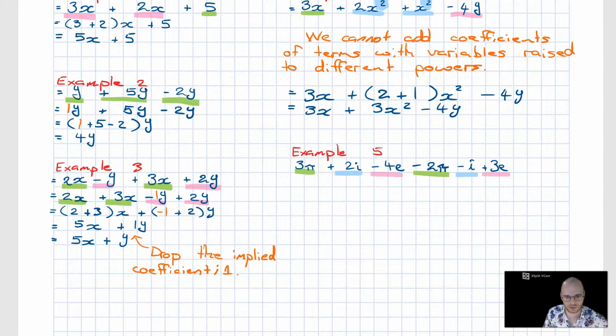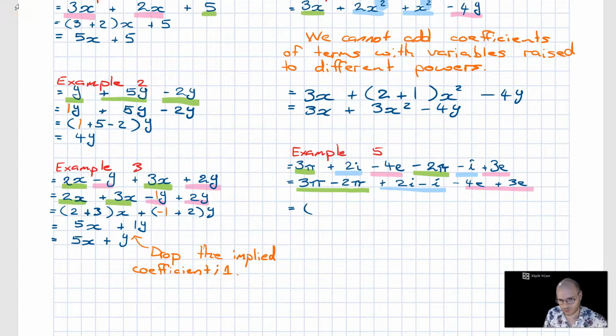What I'm going to do in the first step of collecting like terms is put all of the like terms together. So I'm going to put my pi's at the front. Then I'm going to put my i's in the middle. And then I'm going to finish off with my e's at the back. Cleaning this up, we're going to open the brackets, drop the pi, put the 3 minus 2.